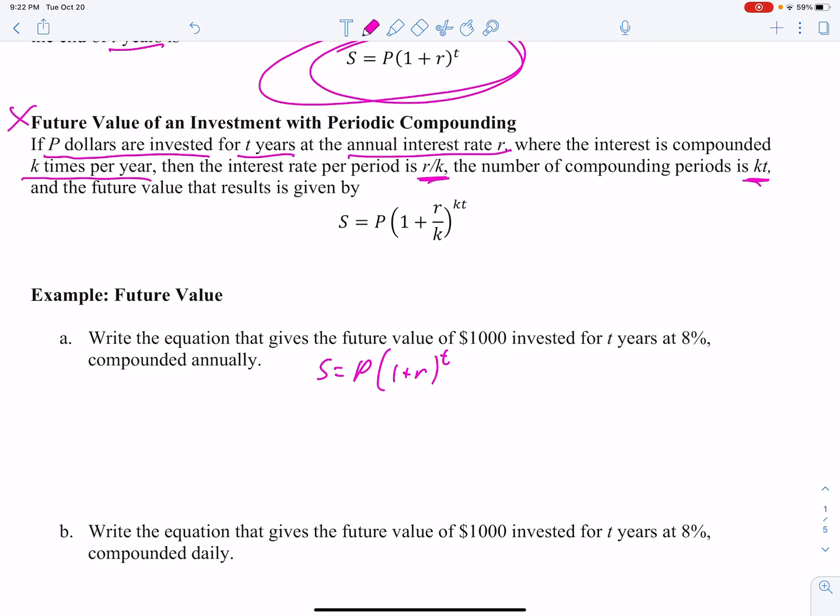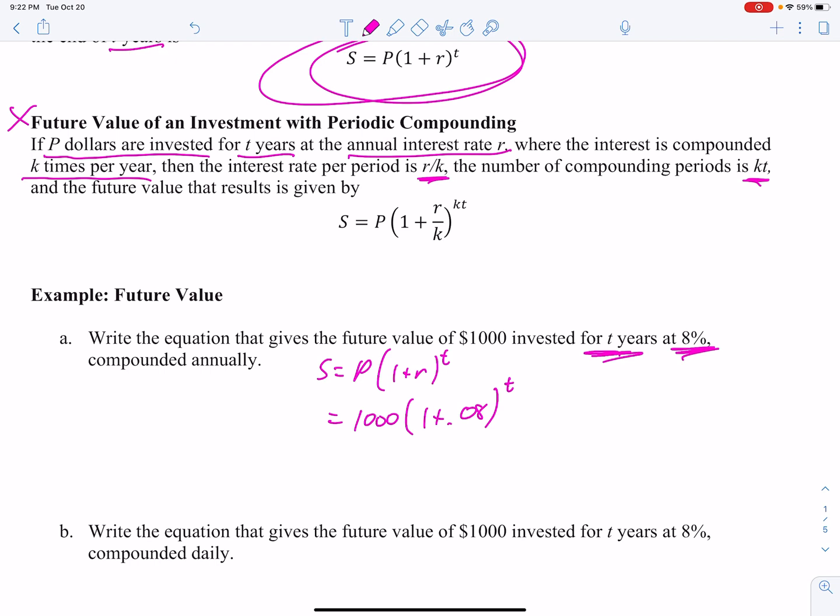Let's plug in what we know. They said we're going to invest $1,000, so that's the P. 1 plus R, the rate in decimal form, so 8% is 0.08, to the T power. Normally they're going to give you a value for how many years, but in this case they're saying write the equation, so we're going to use T right here.